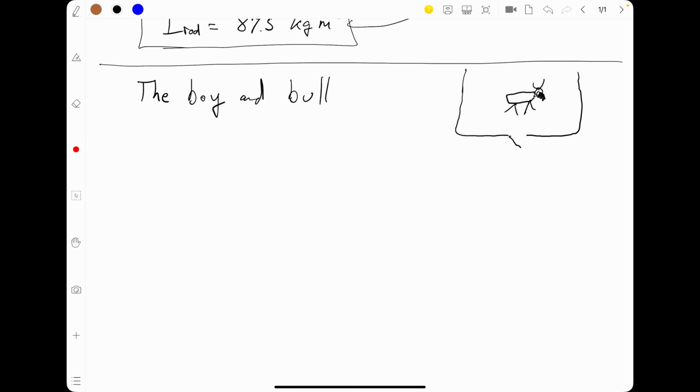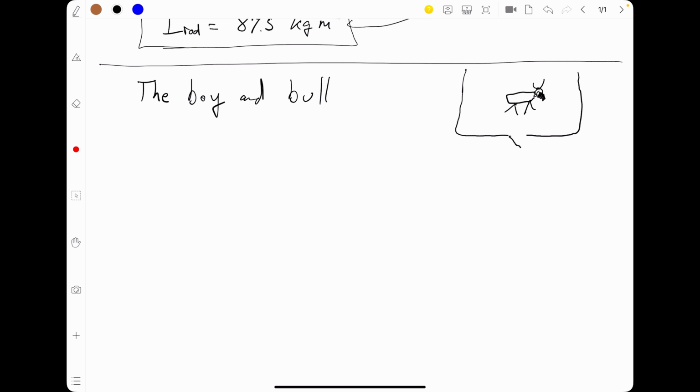Maybe his uncle said, if you don't keep that bull in there, you're in trouble. And he left the gate open. Maybe he was carrying water somewhere and left the gate.